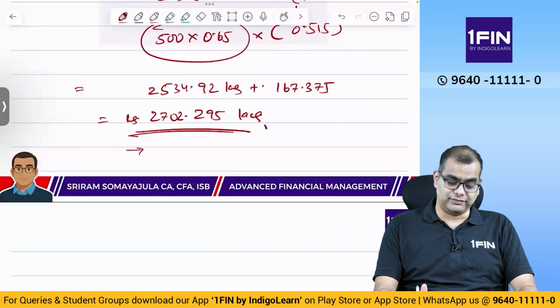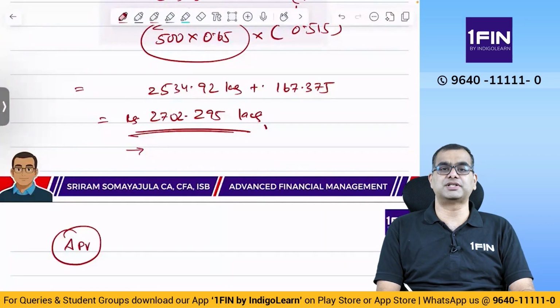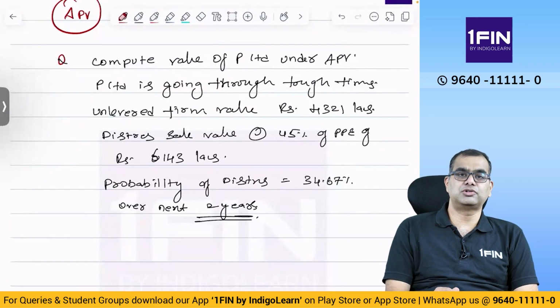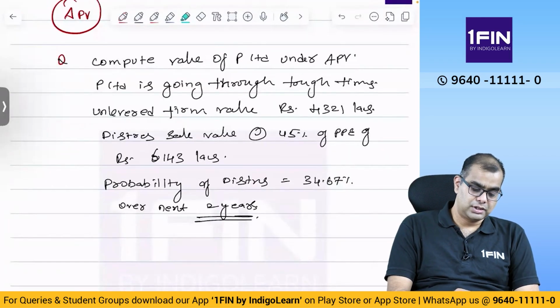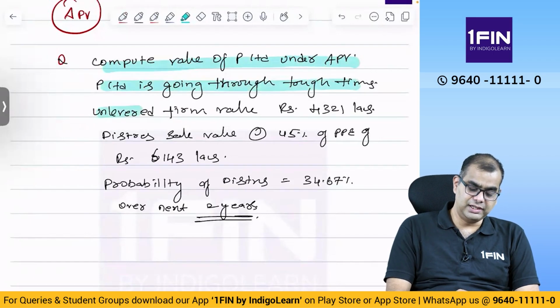Then there is a third one, which is adjusted present value, APV. Let us now look at a question on adjusted present value. So, guys, now let us look at the next question. Compute the value of P Limited under APV. APV is adjusted present value. P Limited is going through tough times. Unlevered firm value is rupees 4321 lakhs.